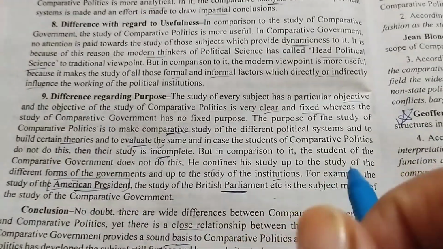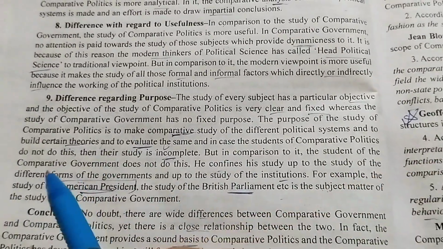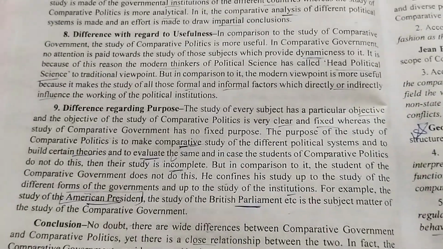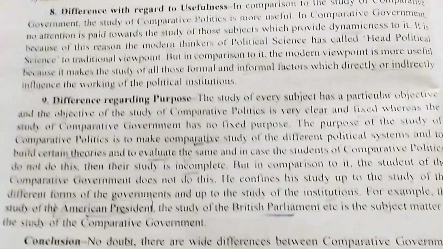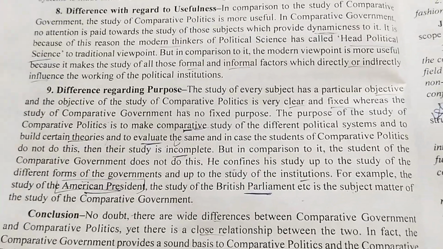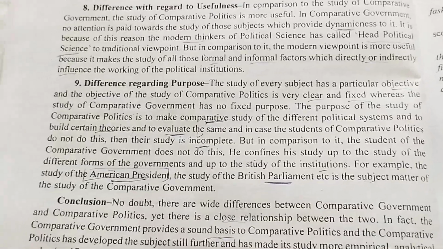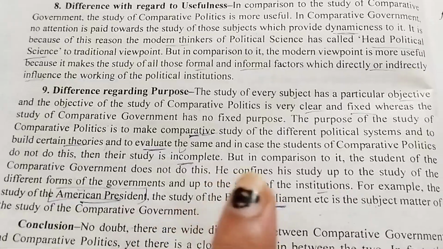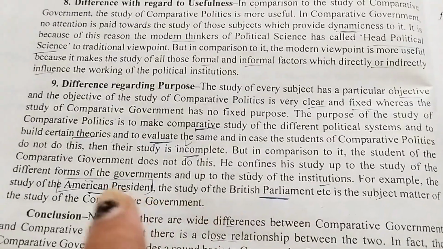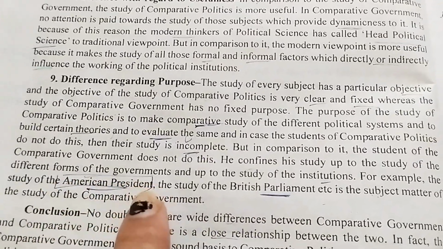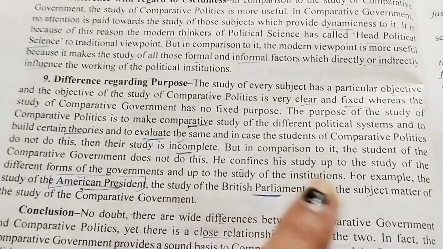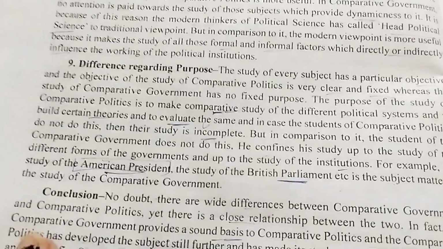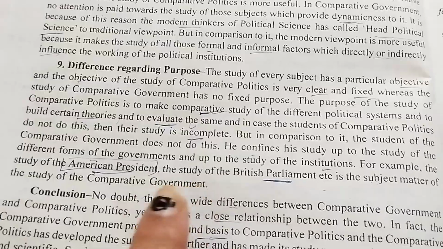But students of comparative government do not do this. They confine their study to the different forms of government and institutions. For example, the study of the American president or the British Parliament is the subject matter of comparative government.